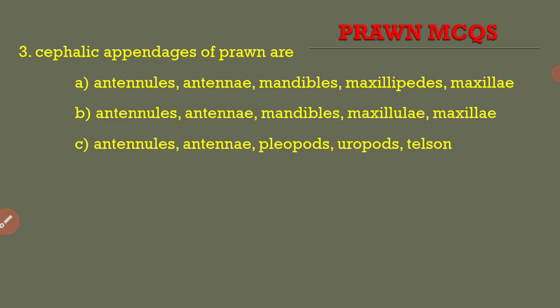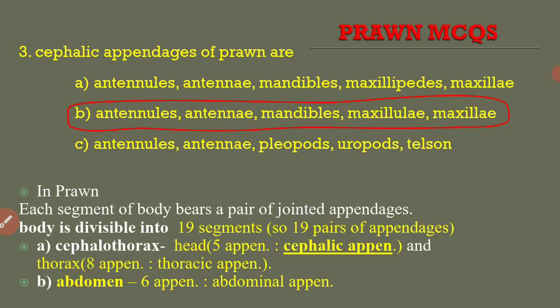Next one, cephalic appendages of prawn are. Which are the cephalic appendages in prawn? The correct option for this question is antennules, antennae, mandibles, maxillulae and maxillae. These 5 appendages are the cephalic appendages in prawn, because they have 19 segments with 19 pairs of appendages, and these appendages are divided into cephalic, thoracic and abdominal appendages.